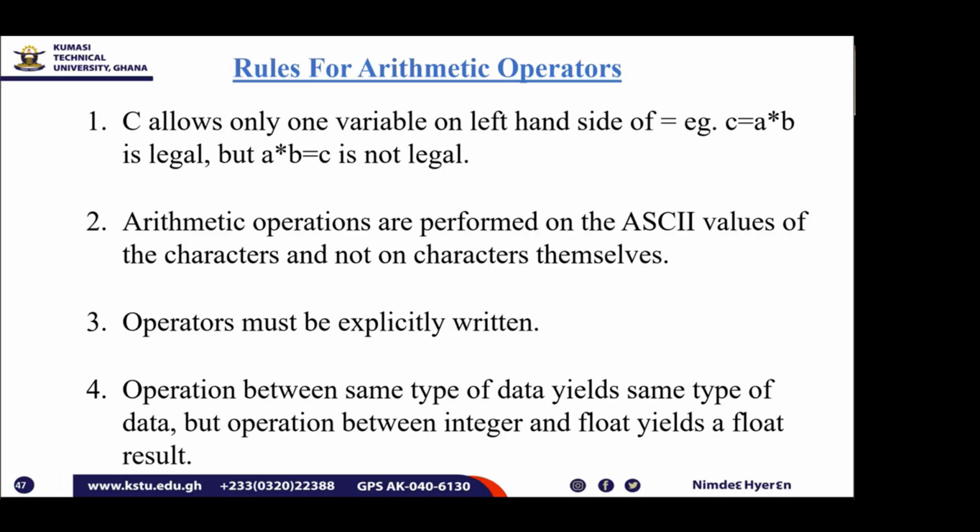But if I am dealing with a float and an integer, say A equals 4, B equals 4.5, when I multiply this, I am going to get a float, because B is a float and A is an integer.